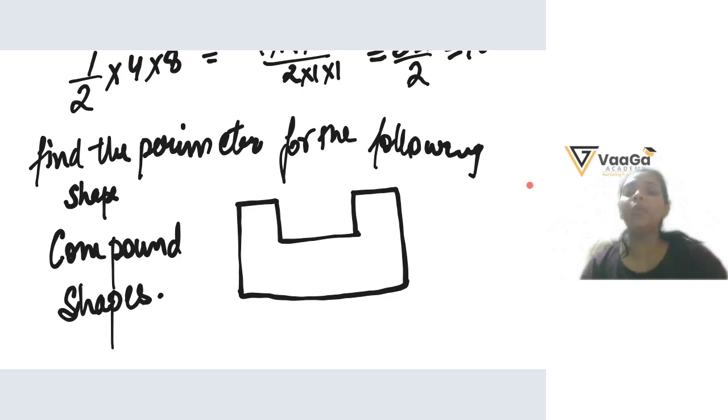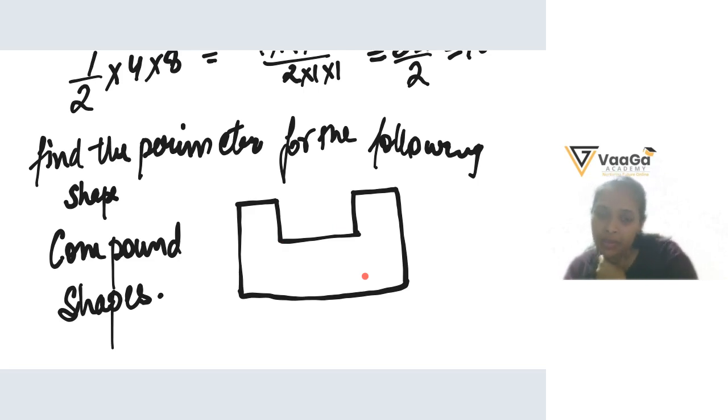Can you tell me all the shapes we are combining? We're combining the vertical rectangle, then the horizontal rectangle, and the other vertical rectangle.